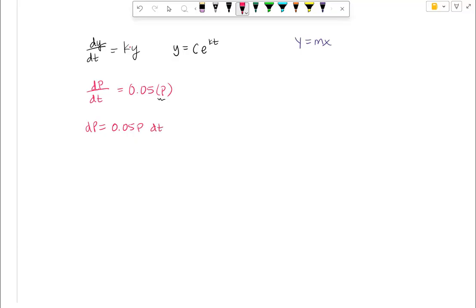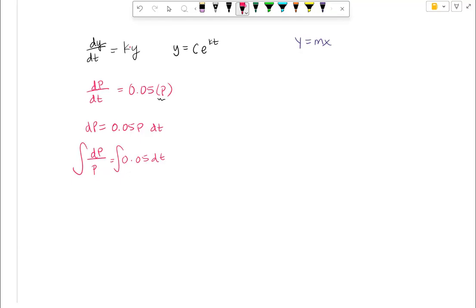Then I would need to get my P variable to the other side, so dP divided by P equals 0.05 dt. I'm going to leave the 0.05 on the right. I notice that there's no t input, but that's okay. We have separated.